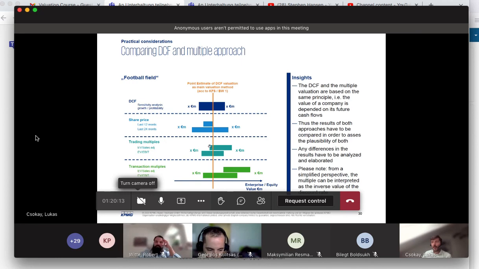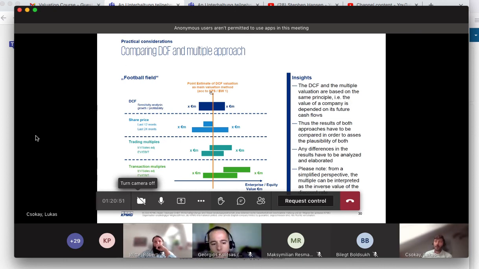It's very common. And if you then show such a football field in the report, in your case study, then it's very easy to have all the results of your different methods in one picture. And really, you can then discuss this one picture for 20 minutes, half an hour, only this picture, and what all the different results mean, and what our conclusion is, basically.